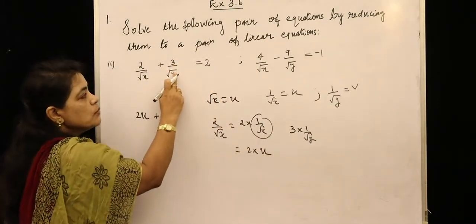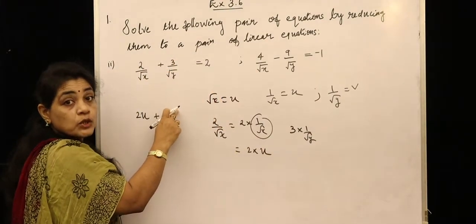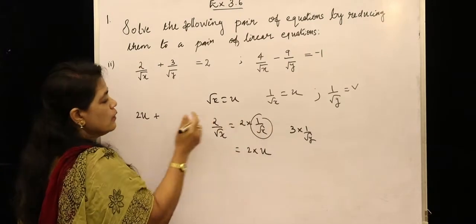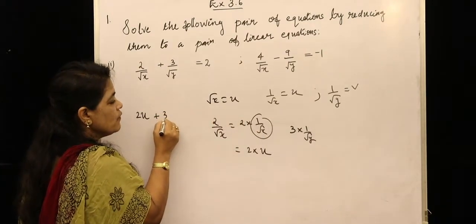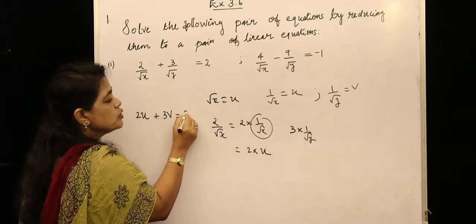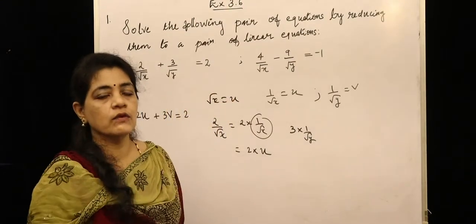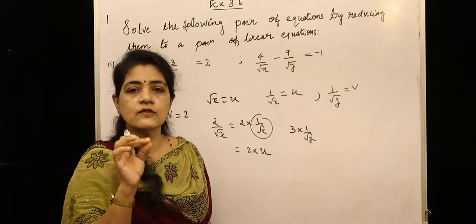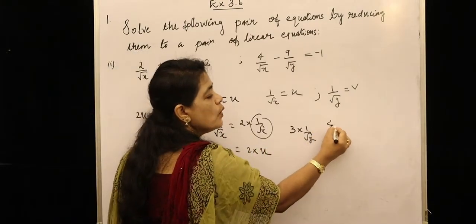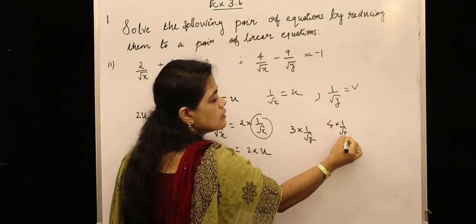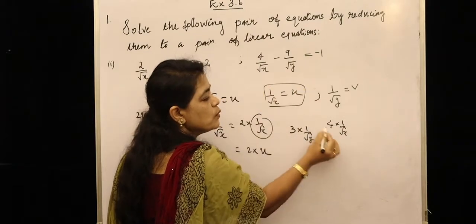So 3 by root y is 3v, equal to 2. Here what comes, children, for the second equation: 4 by root x is 4 into 1 by root x. So we can substitute 1 by root x as u.